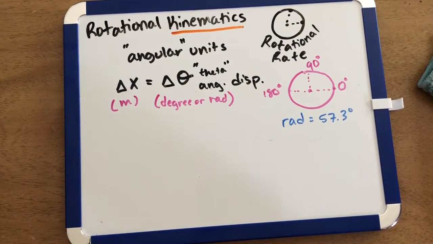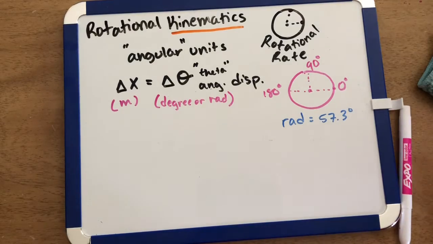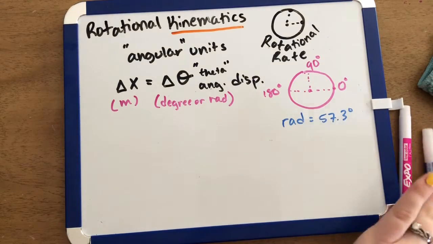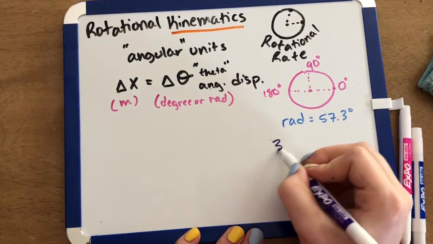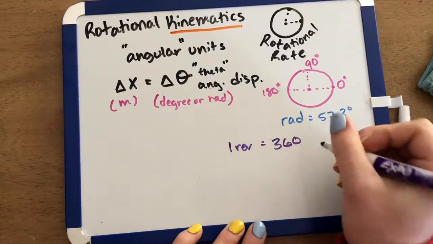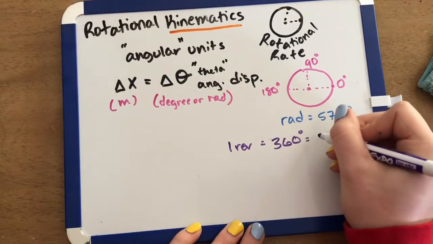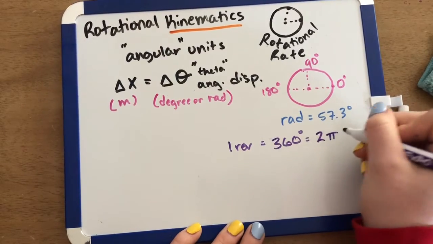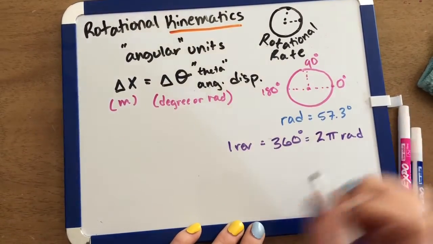But we can write out an equation for this. So 360 degrees, which is known as 1 revolution, is actually 2 pi radians.